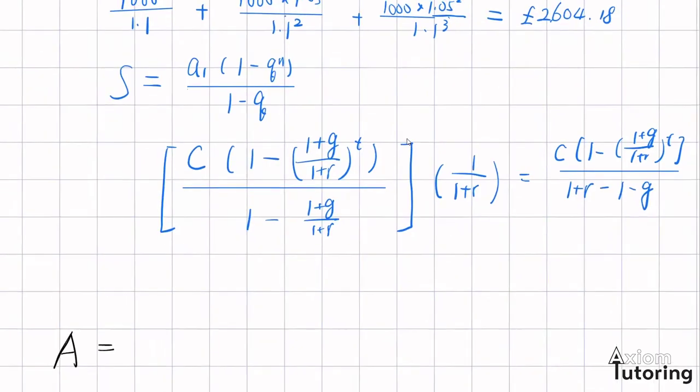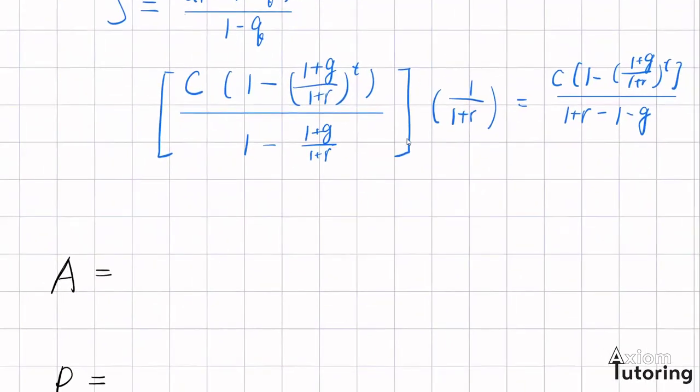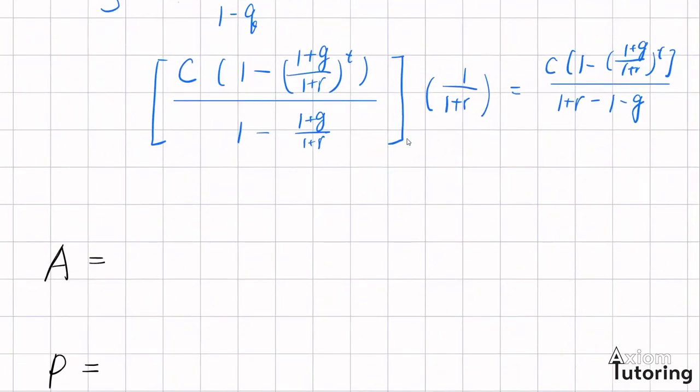Okay, so if we further simplify this, we simply have the annuity formula with constant growth: C over r minus g, multiplied by 1 minus (1 plus g over 1 plus r) to the power of T. Okay, so there you have it, the formula for annuity with growth.